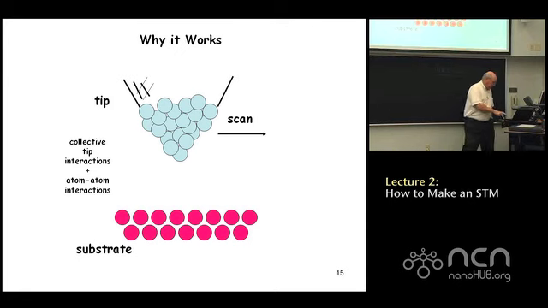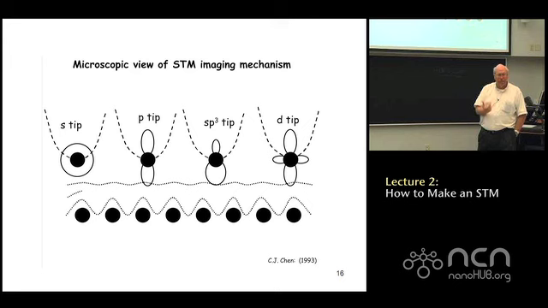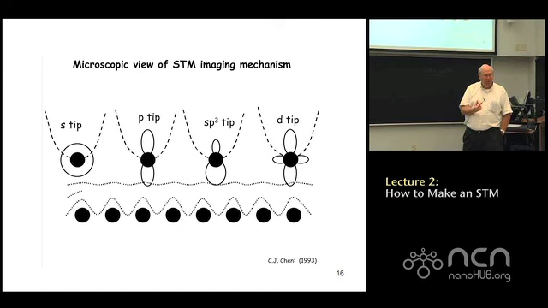And the reason is that the electrons in that front tip can be in different atomic orbital states. These different atomic orbital states have different symmetries associated with them.